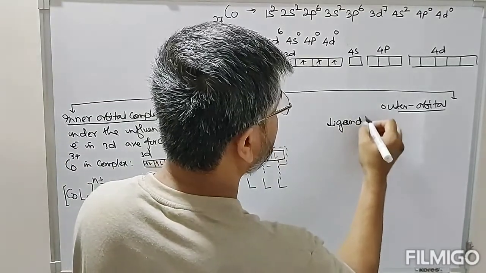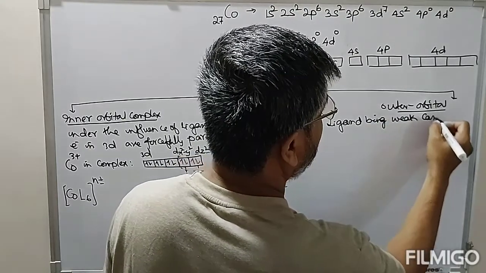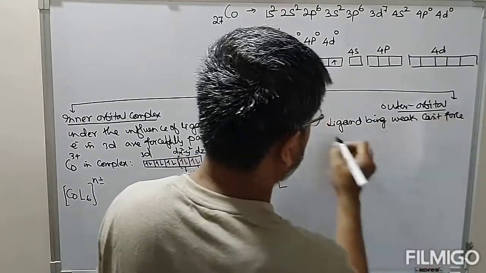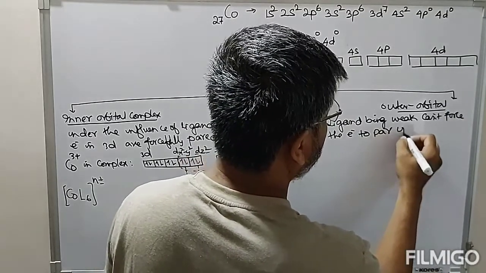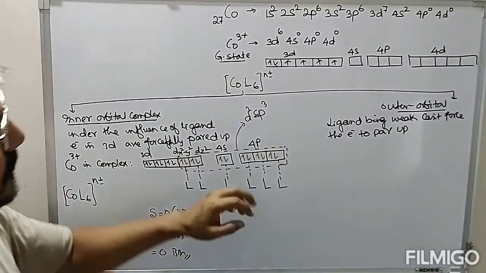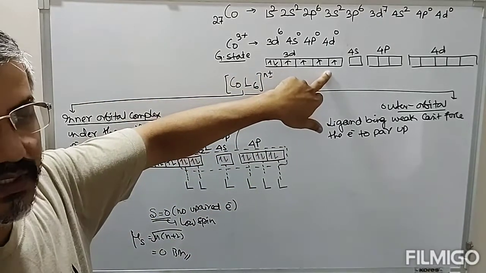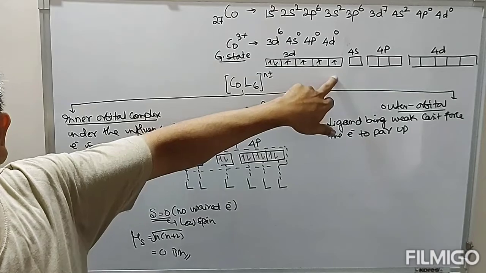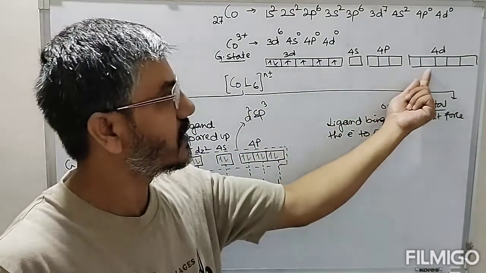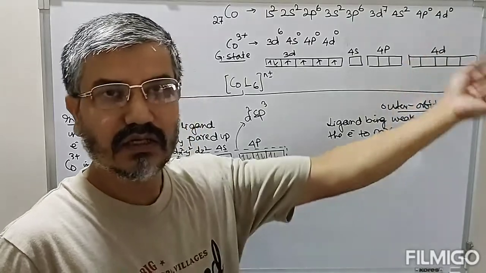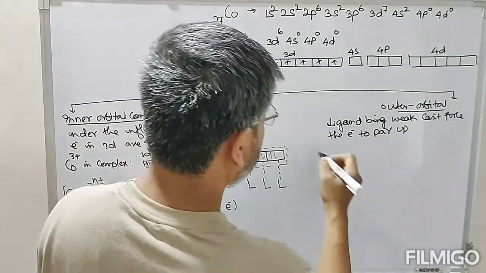So the ligand being weak cannot force the electrons to pair up. If the ligand cannot force these electrons to pair up, then there is no vacant 3d orbital. Since there is no vacant 3d orbital, the only option left is he has to use the valence shell d orbitals. So therefore look at this.